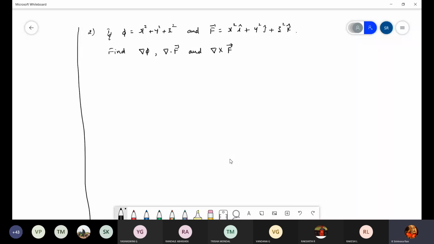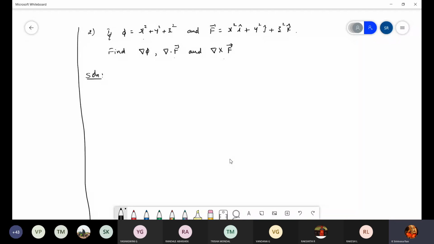Okay, so what we have to calculate? What is the first one? Yes, the first one is gradient. Gradient only for phi, only for the scalar. And divergence and curl are for the vector. F is given, no?